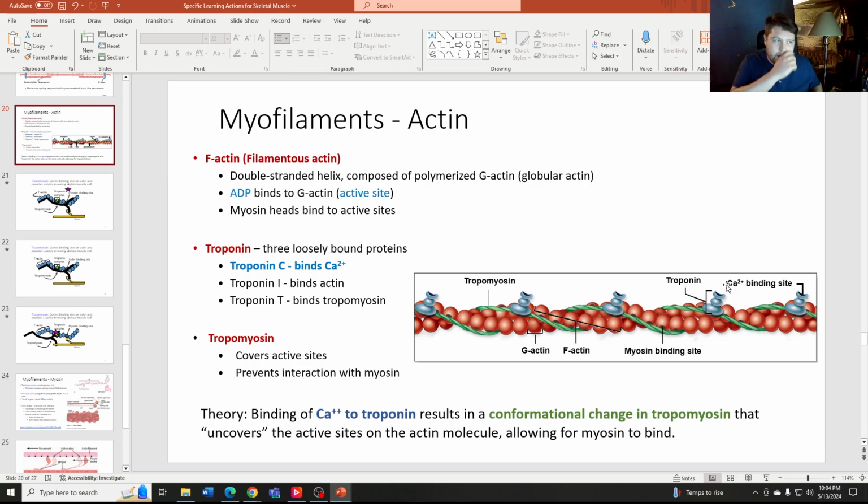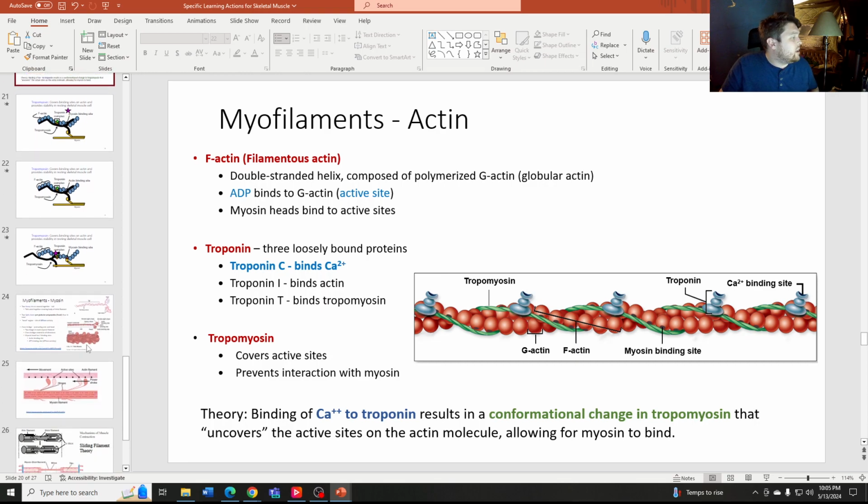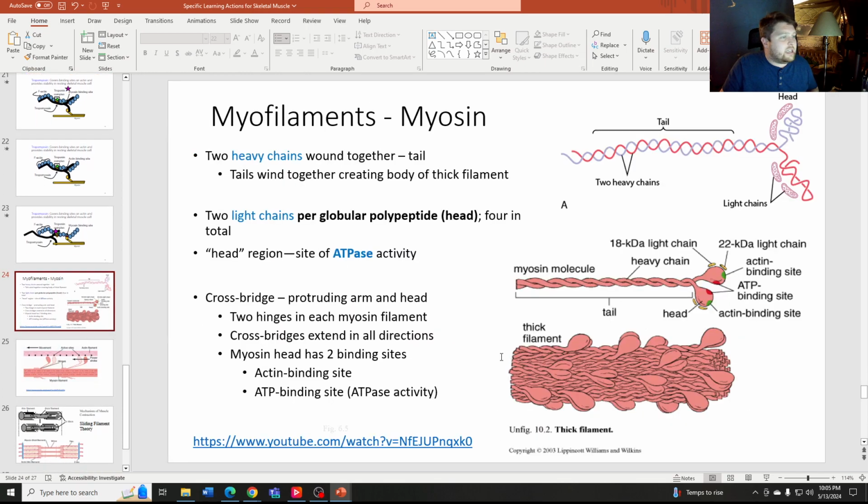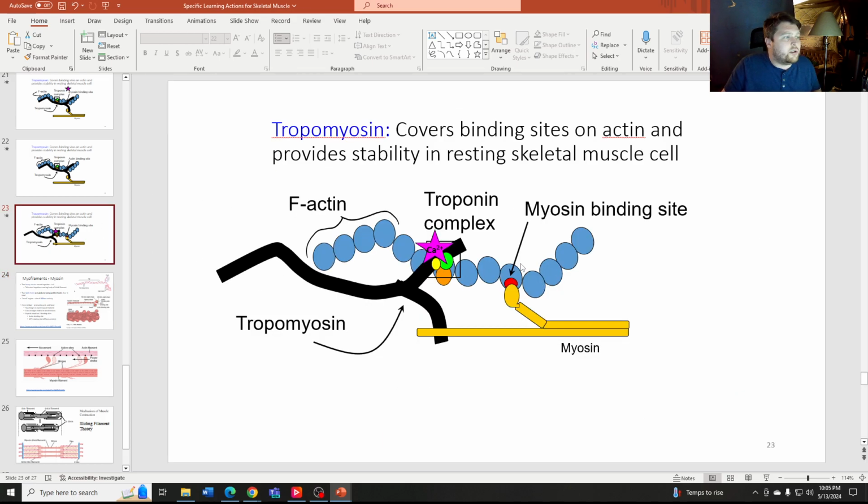Same thing happens here. The troponin changes shape and pulls the tropomyosin off of the myosin binding sites located on the actin, aka the thin filament. The myosin heads located on the thick filament are very attracted to the myosin binding sites.